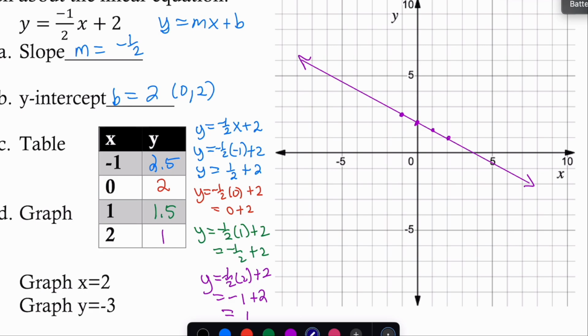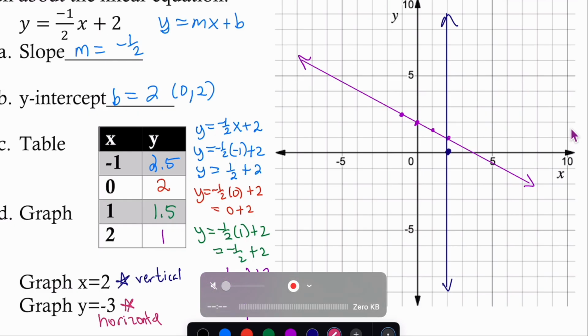Let's graph our last two equations. We're going to graph x equals 2. That is a vertical line. So go over, find where x equals 2, put a little dot, make a vertical line go through that. This is a horizontal line.